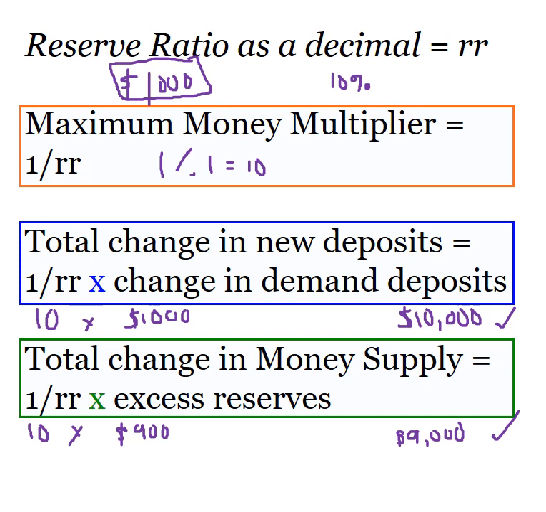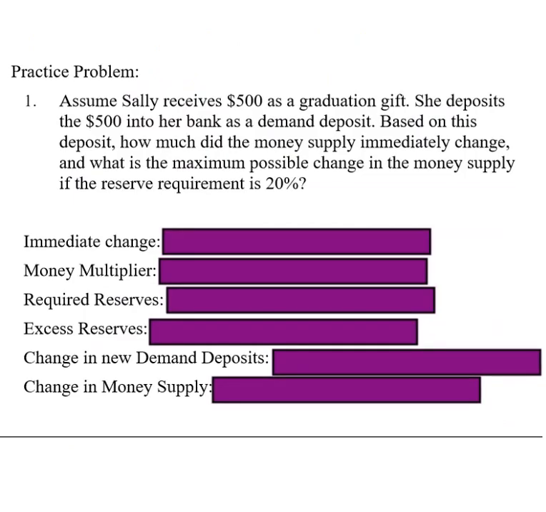We're going to do one practice problem together on this video, and then you'll do the chart on your own once you've practiced these equations. Let's look at this practice problem together. So assume Sally receives $500 as a graduation gift.